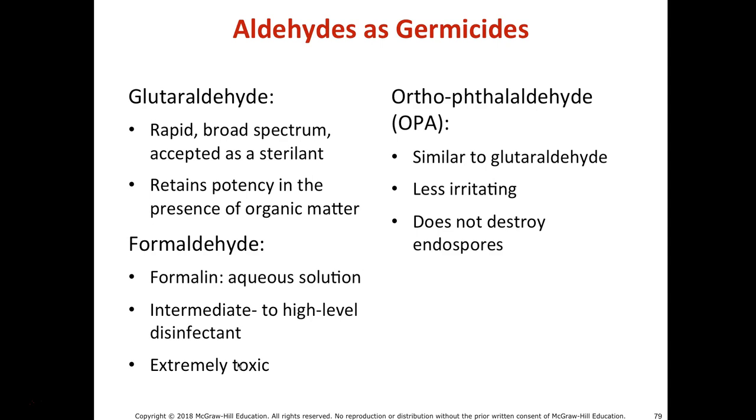Glutaraldehyde is a rapid and broad spectrum type of agent, and it's also been accepted as a sterilant. If it's used correctly for the right period of time, it can destroy endospores. It takes about 3 hours for those endospores to die.